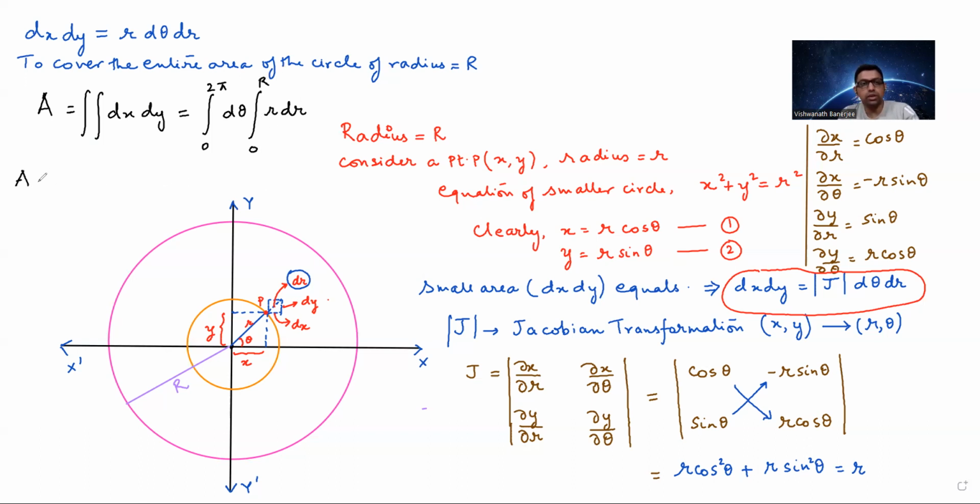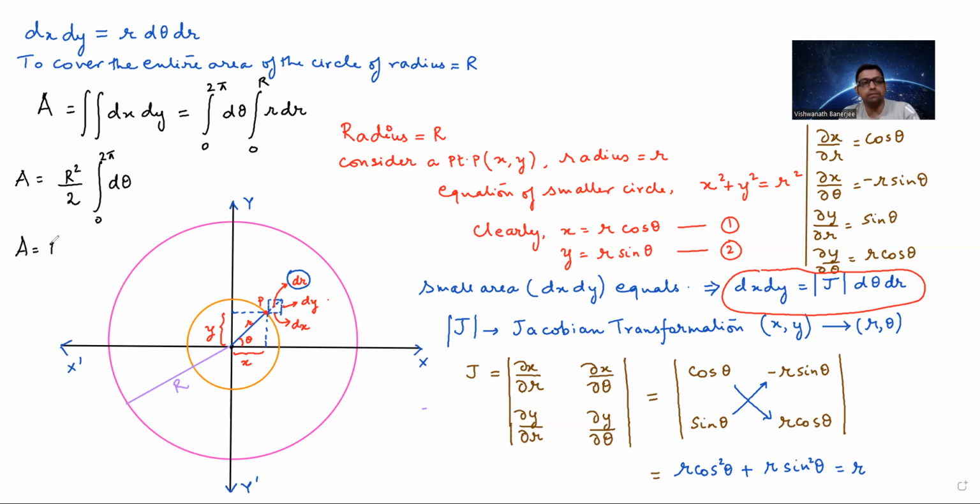Now the integral is pretty simple. Your r dr integrates to r squared by 2. You put the limits capital R and 0, you get R squared by 2. And now you are left with d theta from 0 to 2 pi. The integral of d theta is theta, and you put the limits 2 pi minus 0, that is 2 pi.